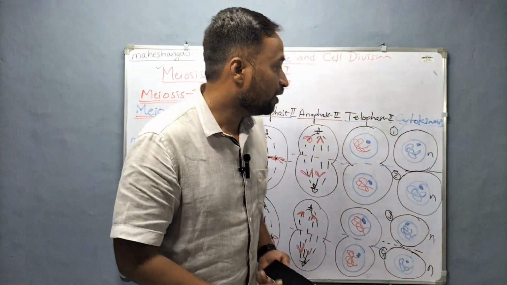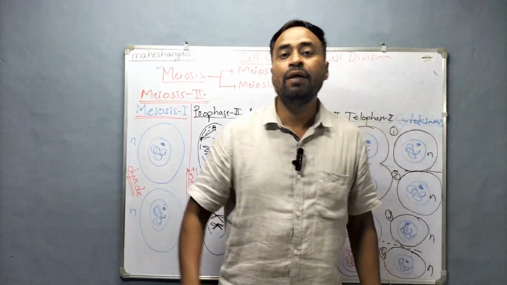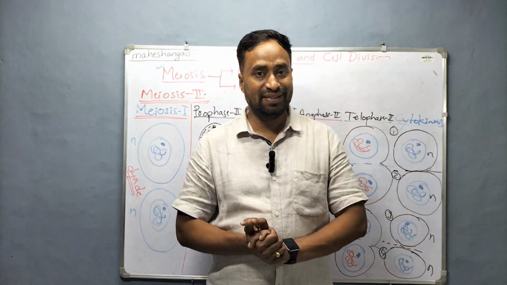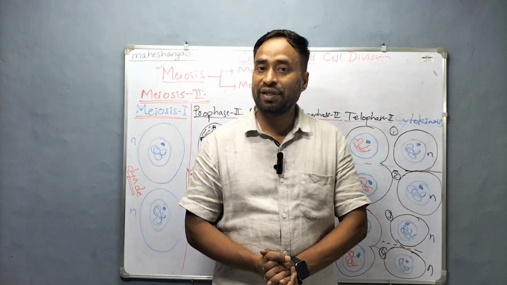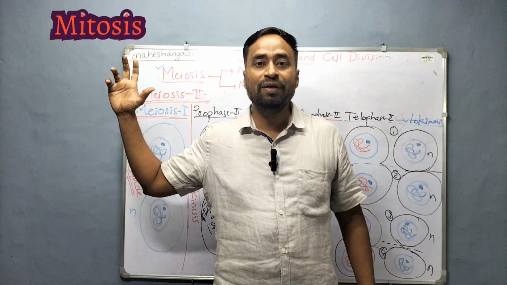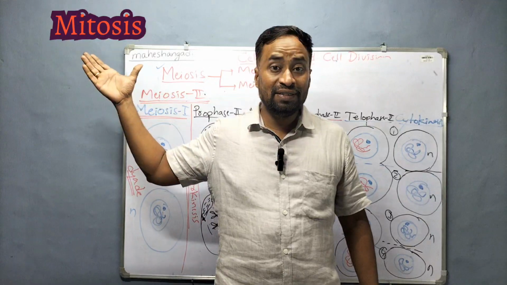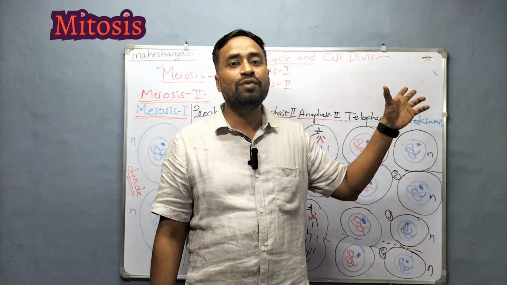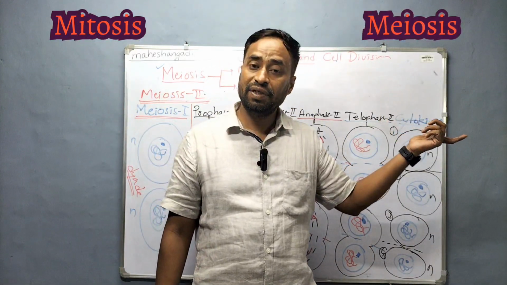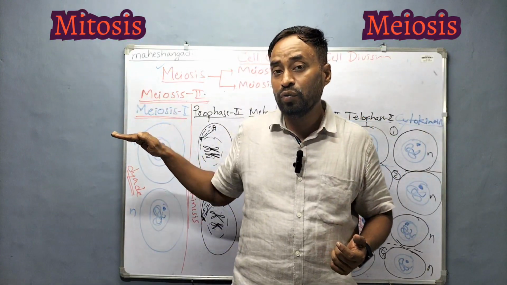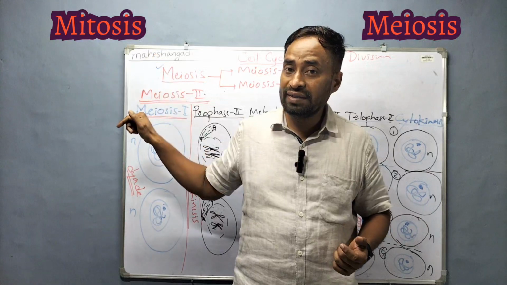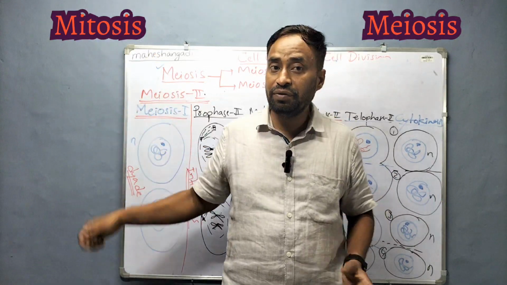Now can you tell me the difference between mitosis and meiosis? With that we can sum up this whole chapter. Mitosis is equational division, whereas meiosis is reductional division. In mitosis, the same number of chromosomes will be there in the daughter cells, that's why it's an equational division.